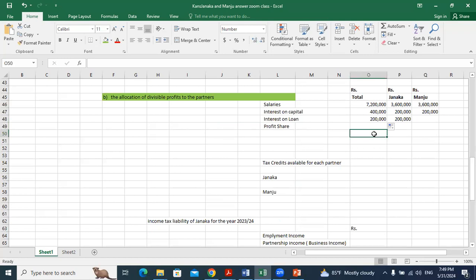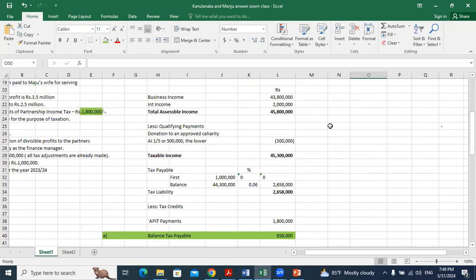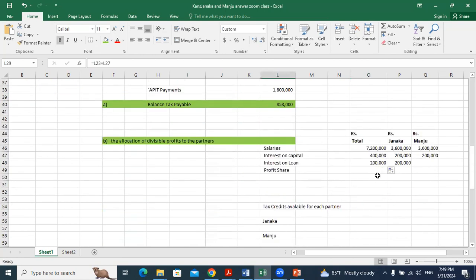Profit share. The total one is their total taxable income, that is 45,300,000.